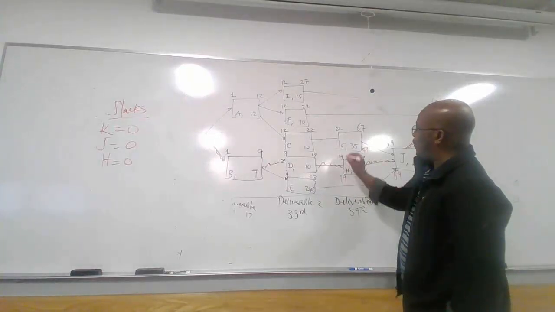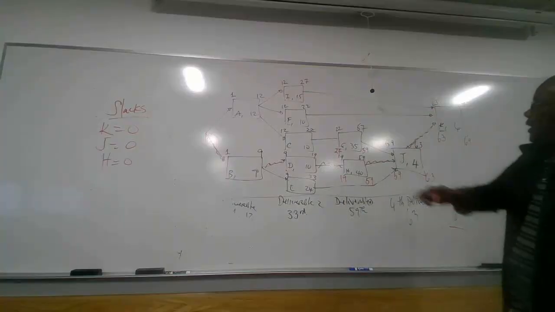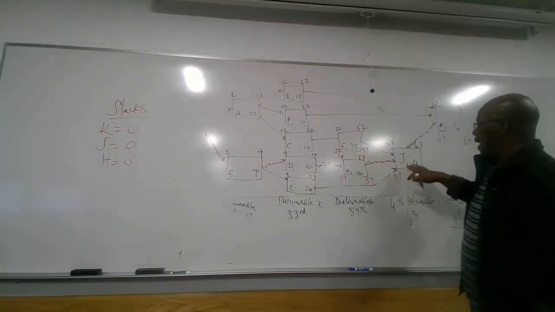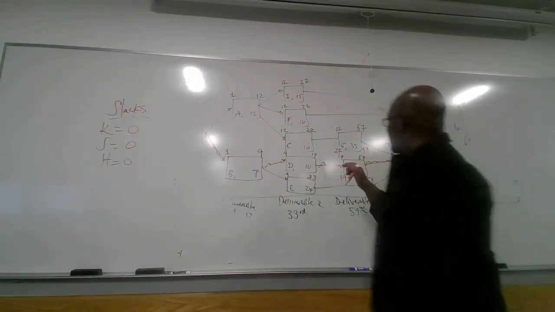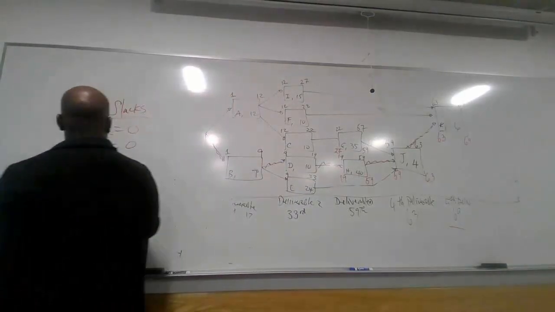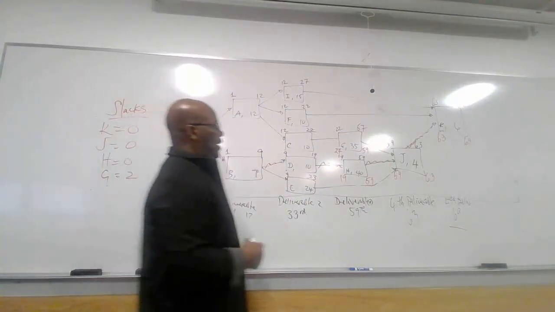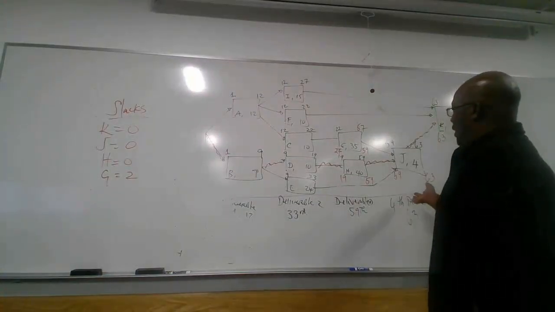So we can delay here for 2 weeks to start. It can start on the 24th so that it can finish on the 59th. It takes 35 weeks and it won't delay this activity. So you can see G will give us 2 weeks. We can delay this activity for 2 weeks. So let's come here.